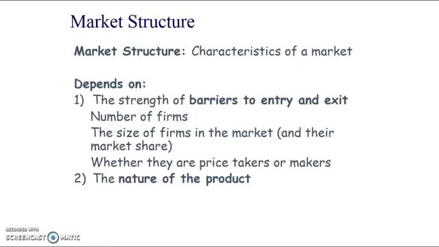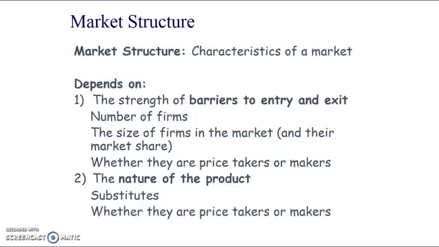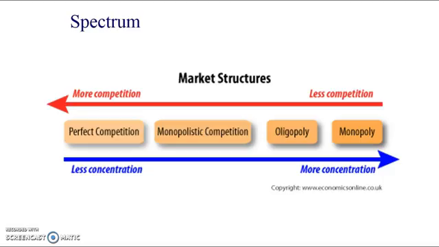And it also depends upon the nature of the product. If there are lots of substitutes, very close substitutes, and especially identical substitutes in the case of homogeneous products, we're going to find that they're price takers, whereas if the product they're selling is more unique, they're more likely to be price makers.